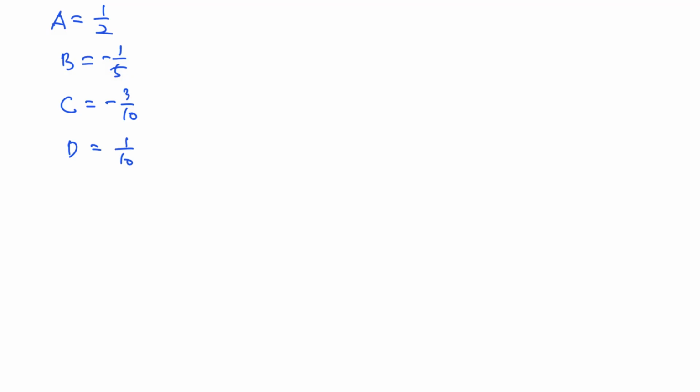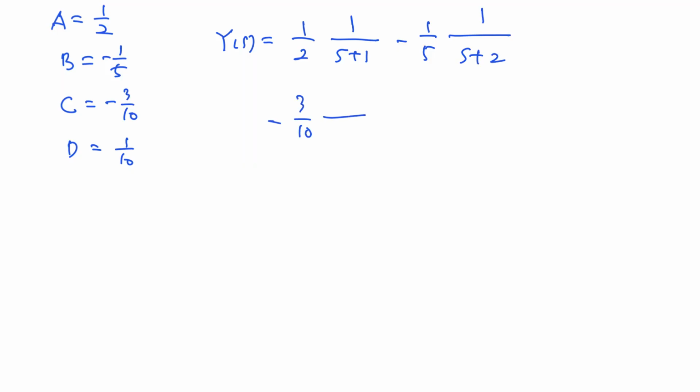So Y of s is (1 over 2) over s plus 1, minus 1 over 5 over s plus 2, minus 3 over 10 times s over s squared plus 1, plus 1 over 10 over s squared plus 1, right?